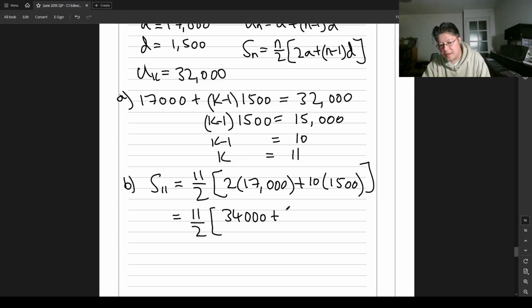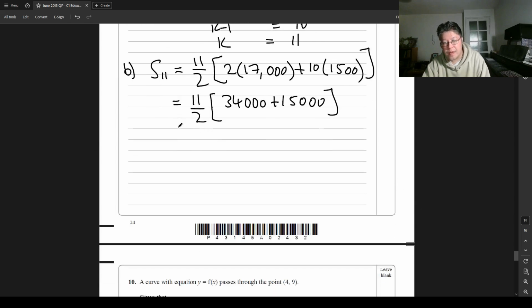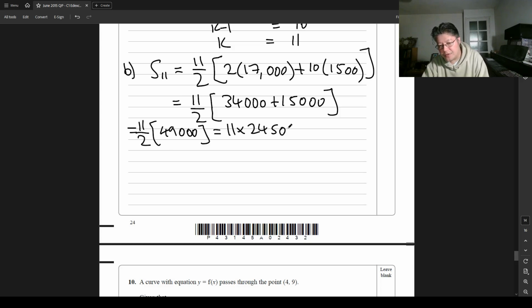34,000 plus 15,000. And that's, I'll write small now, 11 over 2. 34 plus 15 is 49, so that's 49,000. So we need to divide that by 2 and times it by 11. So it's 11 times, and we can half that. That's 24,500.